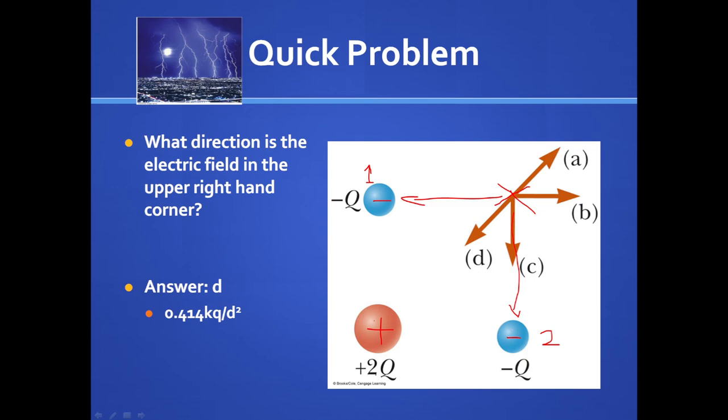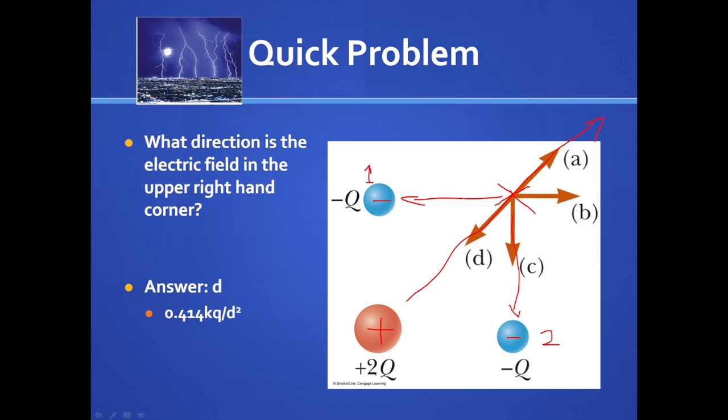The positive charge, positives create fields out of themselves, so its field lines are going to point out in this direction from the test location's perspective. It's exerting field outwards from itself, and if we just draw a straight line from here to that spot, the arrow would continue pointing this way.